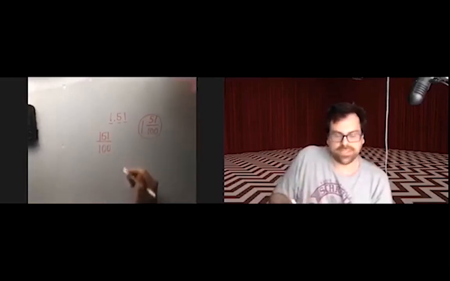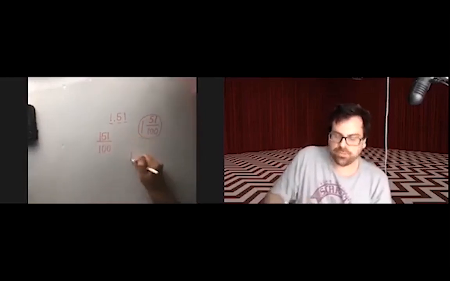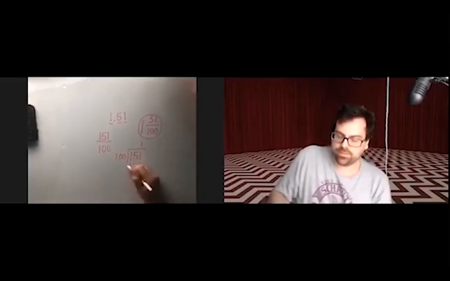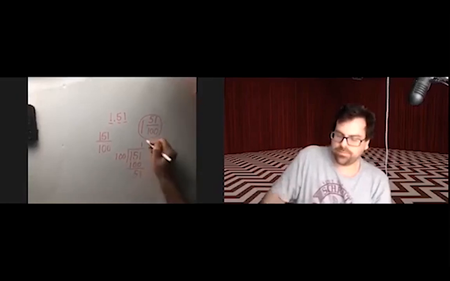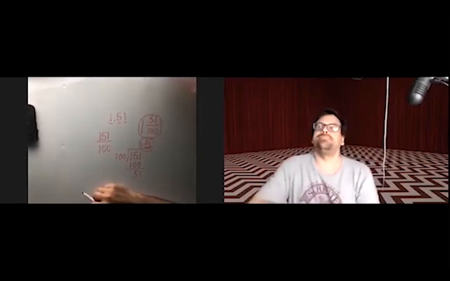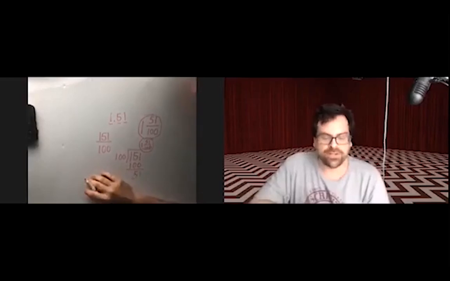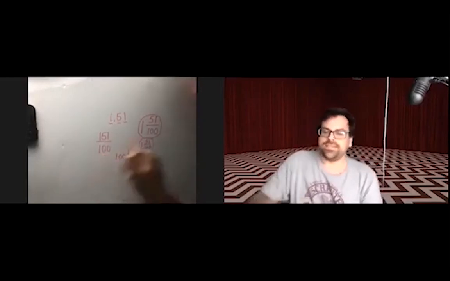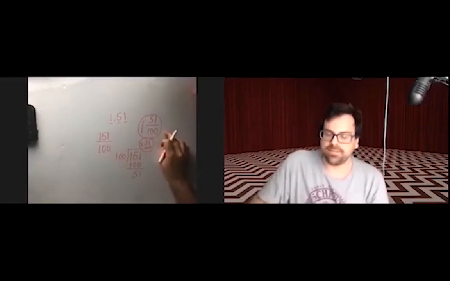And when we convert this improper fraction to a mixed number, 151 divided by 100, same answer. Yet more confirmation about improper fractions being the same as their mixed number.